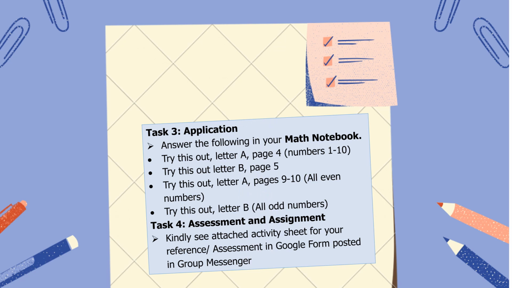Okay, so for task 3, that is application. So again, you're going to answer the following in your math notebook. So try this out. Letter A, page 4. So that is numbers 1 to 10. Then try this out. Letter B, page 5. So in page 5, you're going to answer the puzzle given.